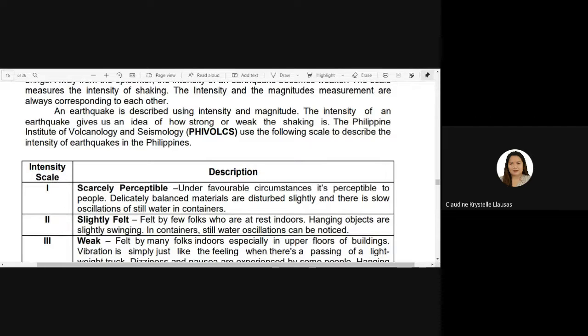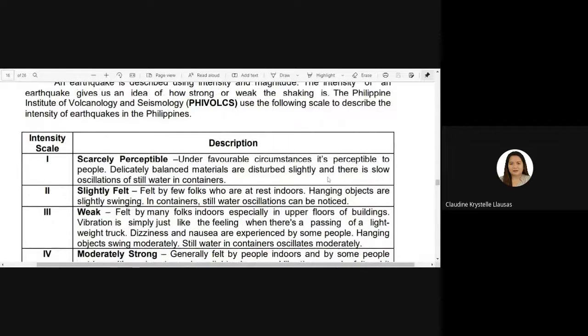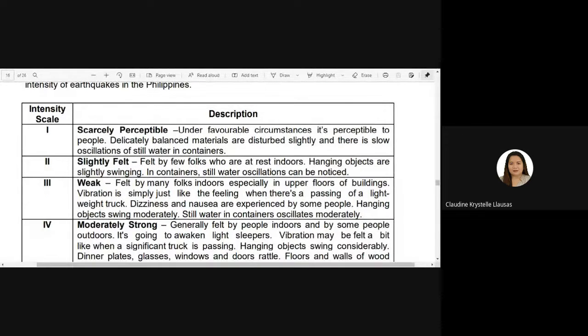Yes, ma'am. Mao nang sa balita, intensity scales. So, intensity 1, ani nga mga lugar. Intensity 2, ani nga mga lugar. That explains why there are different intensity scales from one place to another whenever there is an earthquake. Nasabtan? Yes, ma'am.